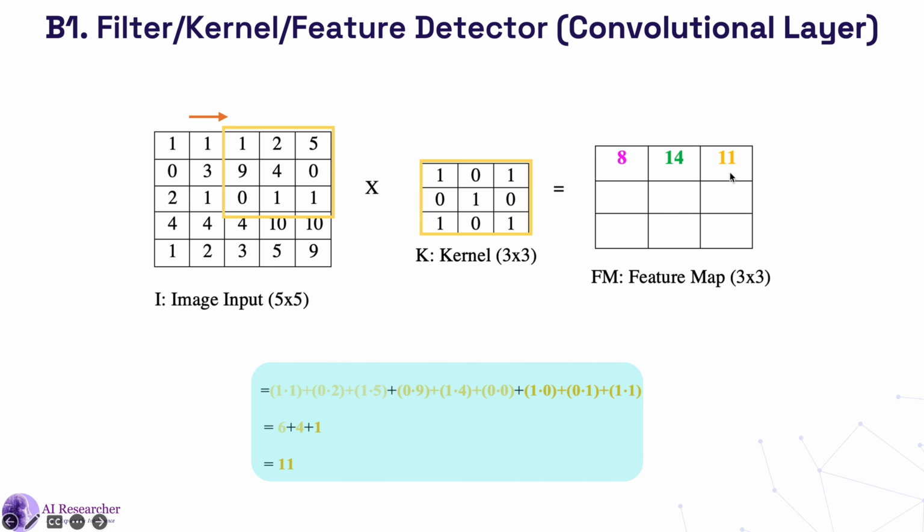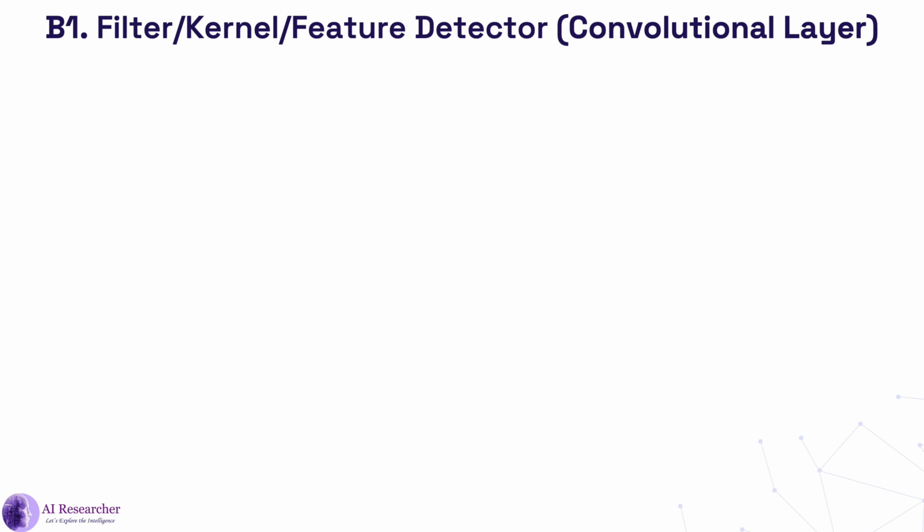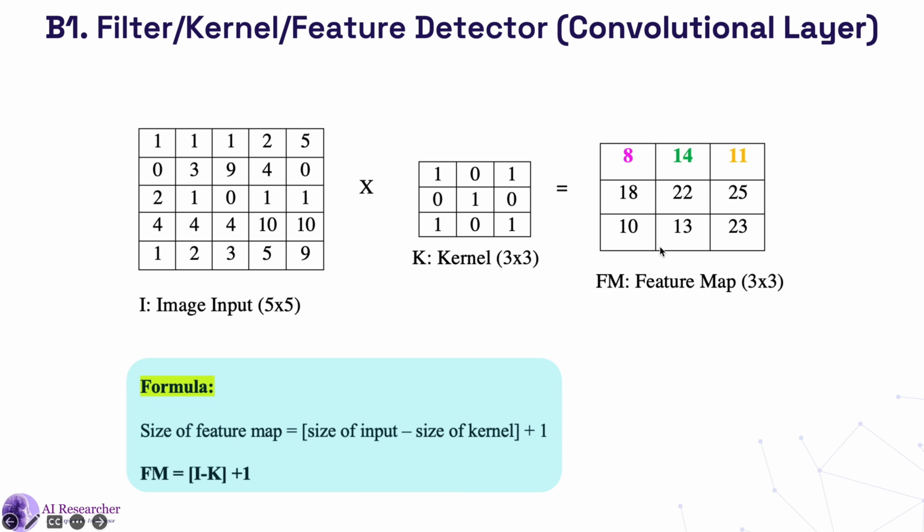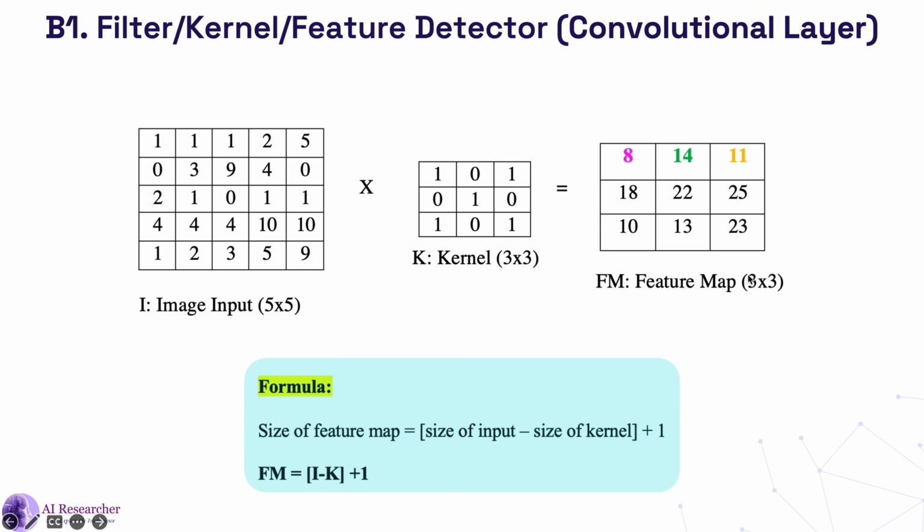This way it captures the important spatial features necessary for the further layers in the convolutional neural network to classify the image. Finally, to conclude the concept of the kernel, this is the process of convolution in a CNN using a 3 by 3 kernel on a 5 by 5 input matrix to produce a 3 by 3 feature matrix. And this is the formula to compute the size of the feature map.